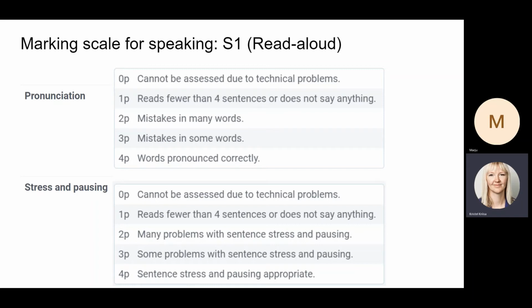Also, when you don't really know whether the student is experiencing technical problems or they are just recording, but they've decided not to say anything, whenever you suspect that there might be some technical problems involved, just mark it with 0, and then we'll know how to structure the feedback.